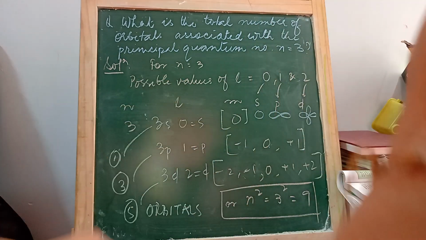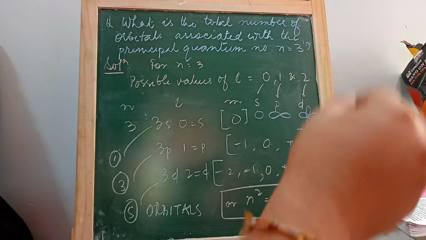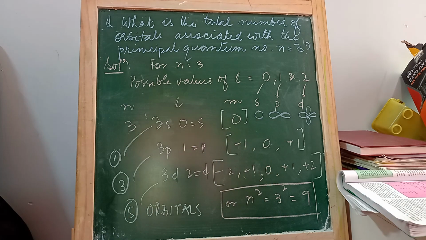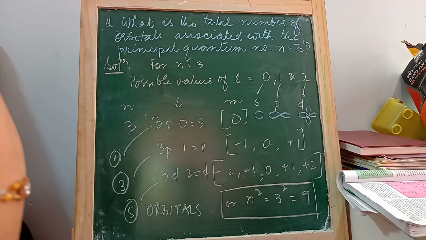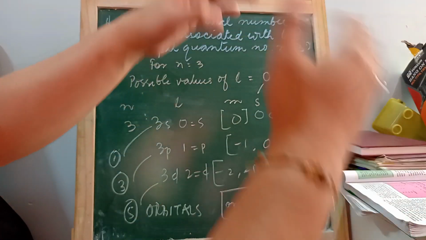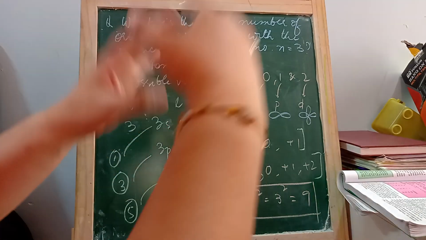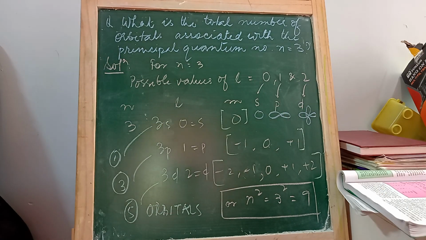When we draw a diagram of where there is a maximum possibility of finding an electron, the space may be spherical, it may be dumbbell, it may be double dumbbell. So the orbitals may have different shapes.